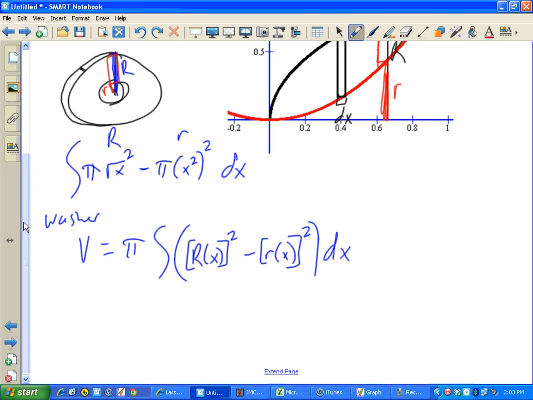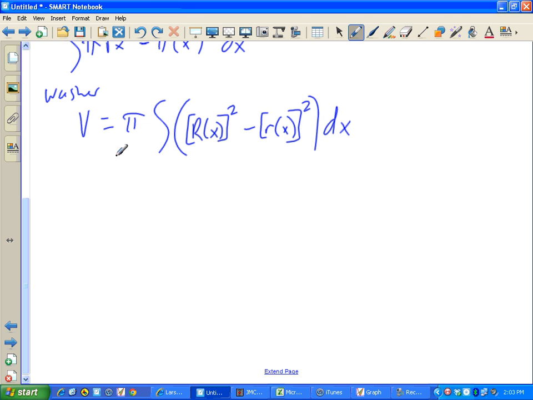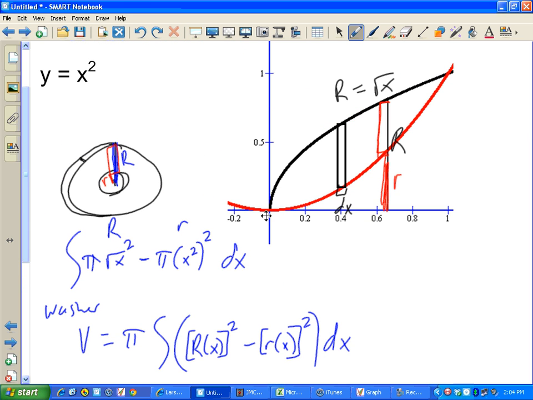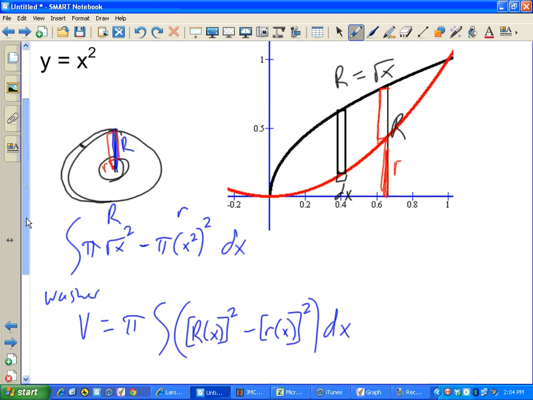So let's go through this one. I'm going to have the square root of x squared minus x squared squared, pi in front, dx. And I'm going from 0 to 1 because I want to stop at 1.